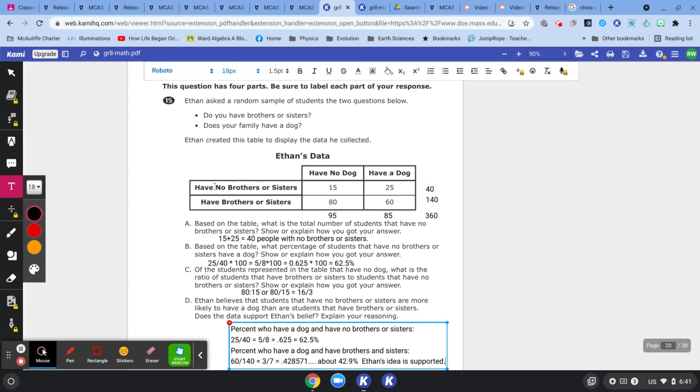Just a reminder. All the numbers in here add up to the total number that were surveyed, and then there are these overlapping categories: have no dog, have no brothers and sisters. But then you can figure out the total who have no brothers and sisters by adding up that row. Figure out the total who have a dog by adding up the column that says have a dog, and so forth. And it's useful to get all of those totals because then later on you can use that data to organize percents.